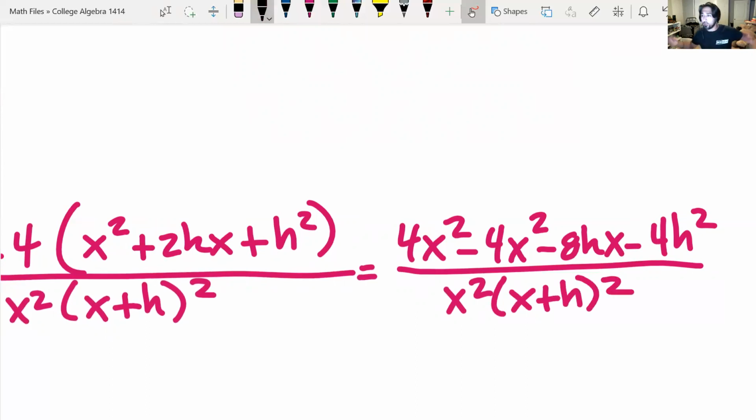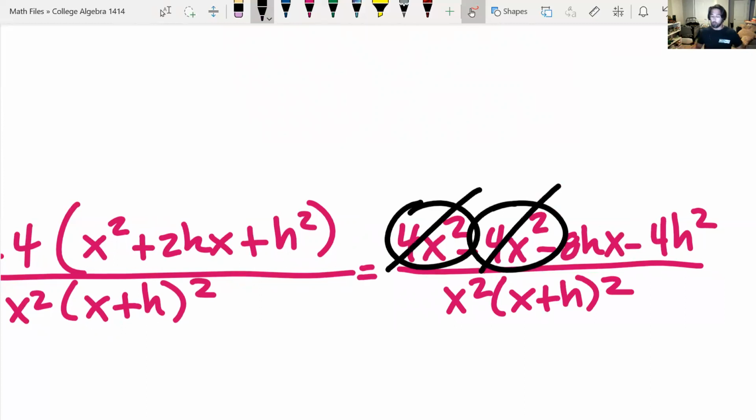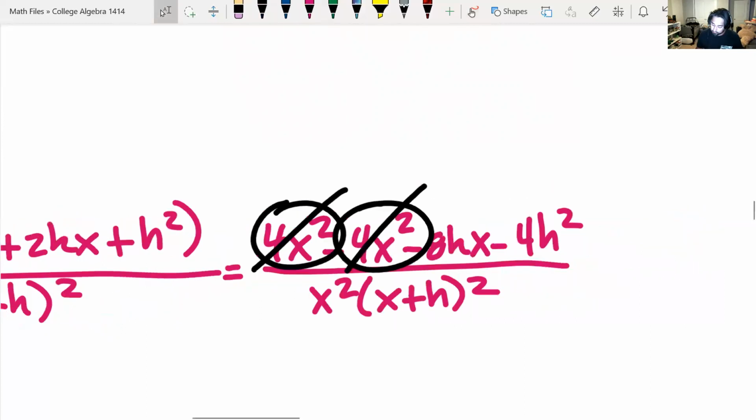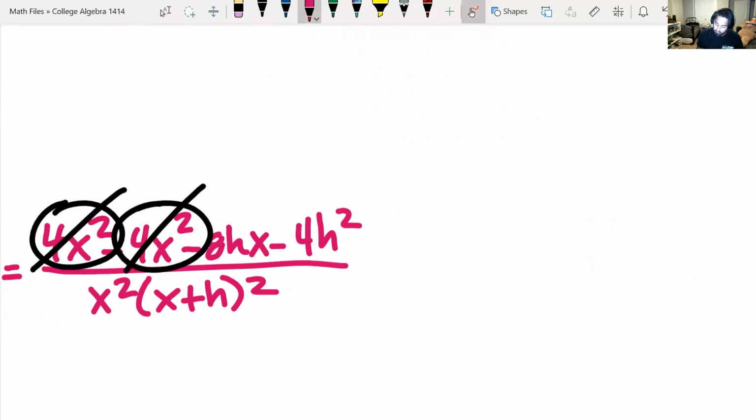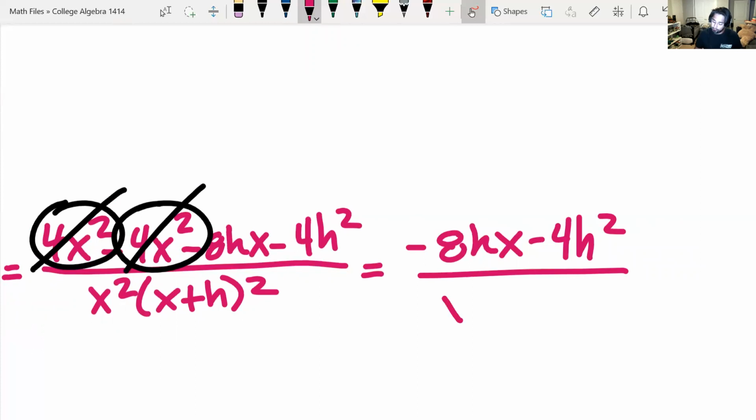And after all this lovely work, those two terms are the only ones that cancel. So what we are left with is -8hx minus 4h squared over x squared times x plus h squared.